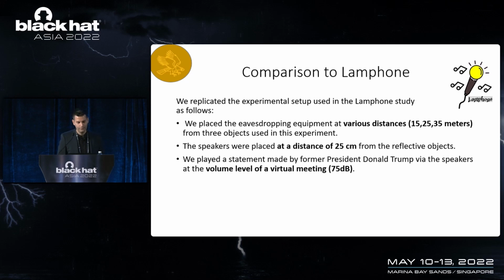And we played a statement made by former President Donald Trump via the speakers. In this case, we played it at the volume level of a virtual meeting, which is about 75 dB.